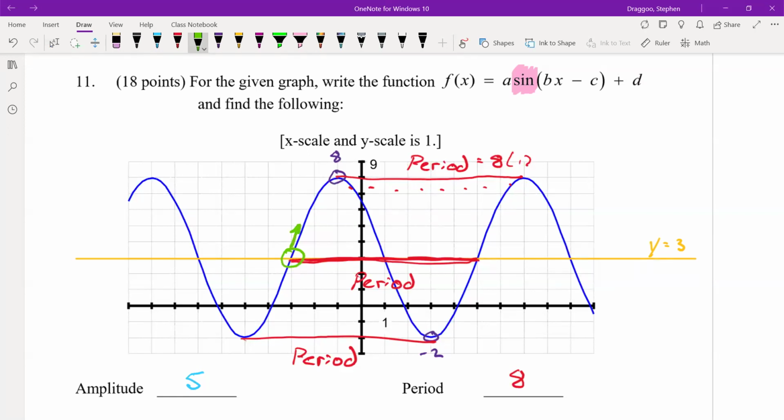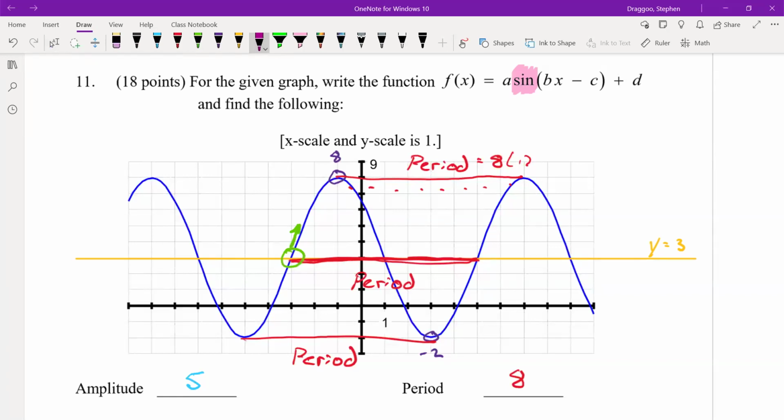I'm picking it that way because that's the beginning of a standard sine cycle. Right, I'm at the middle and I'm moving up. So if I measure from the green point I just highlighted and trace my graph through for one full period, I'll get the sine shape I'm used to seeing. So I think that's the best option for the phase shift, but there are multiple options and all of them could be counted correct.